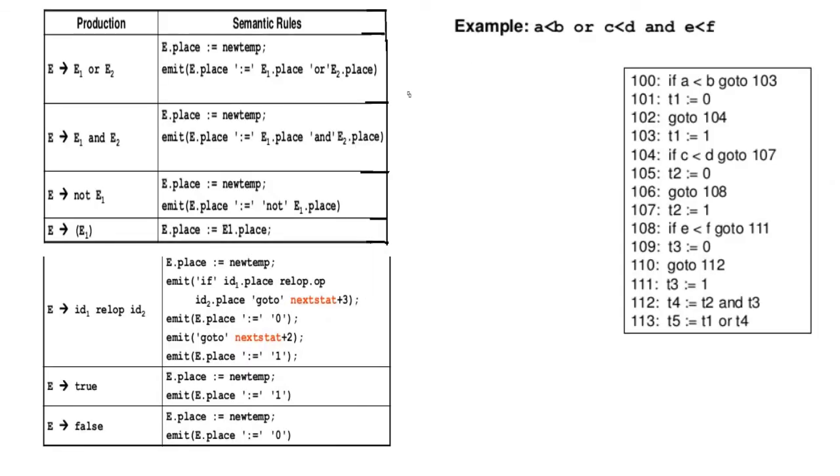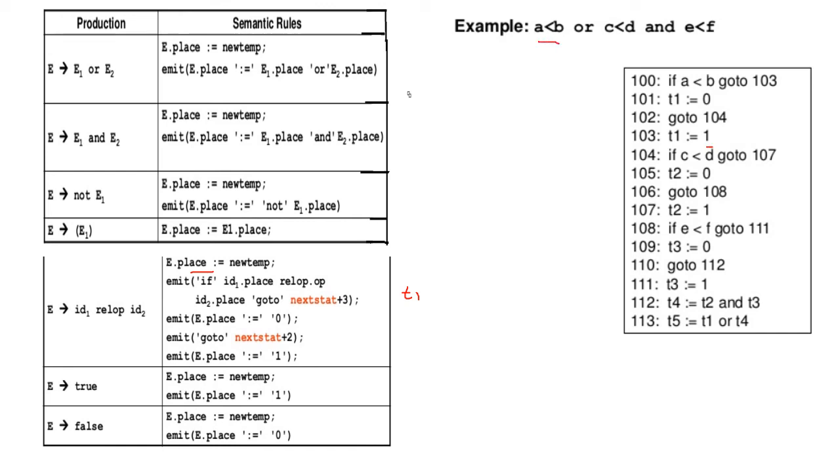After constructing the parse tree, when we start traversing, when we see A less than B, we have to perform the corresponding semantic action. So we have to create a temporary variable. For example, we have created t1. If A less than B is true, t1 equal to 1. Otherwise, t1 equal to 0.